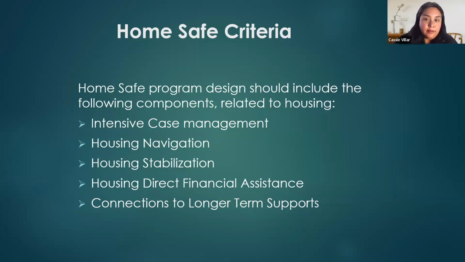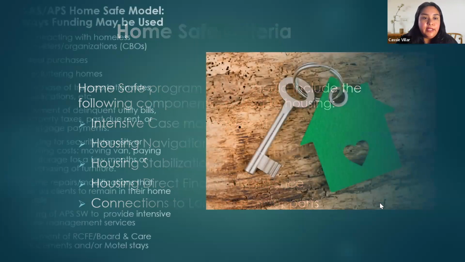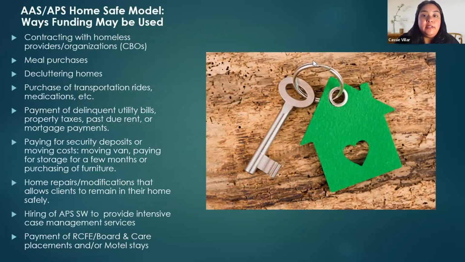These are different ways that we can utilize the funding. One positive of this program is that it's not extremely stringent. It gives counties flexibility to really support people, because life is not always one issue. It might be a renter who needs to declutter the home in order to stay with the landlord.